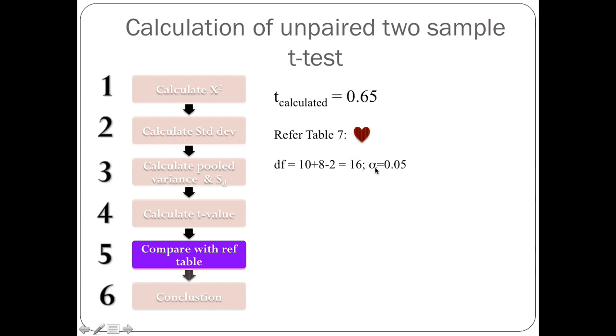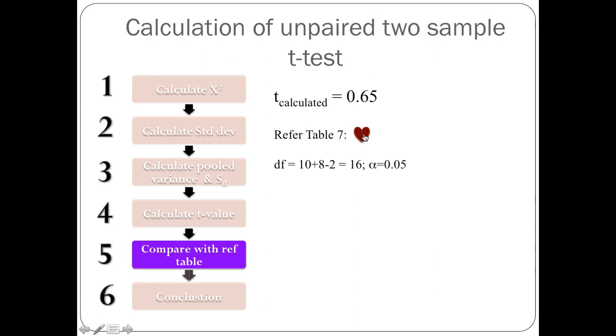And the alpha is 0.05. It is directional, so it will remain the same at 0.05. You do not need to divide it by 2.